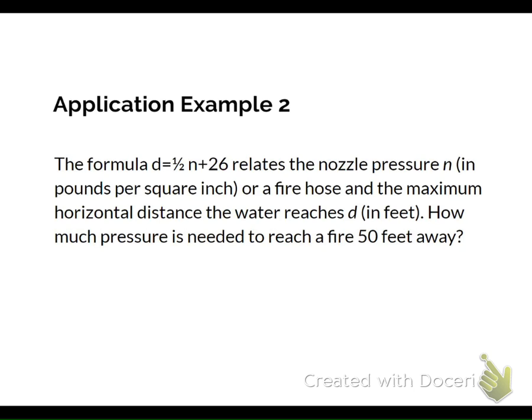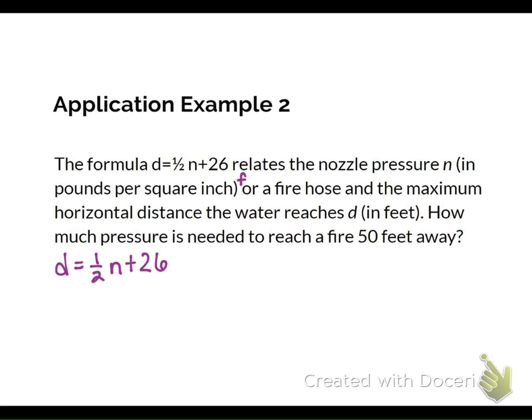The formula D equals 1/2 N plus 26 relates the nozzle pressure N in pounds per square inch for a fire hose and the maximum horizontal distance the water reaches, D, in feet. Okay, so before we think about what they're asking us, let's just write down this formula because we will need that written down. D equals 1/2 N plus 26.